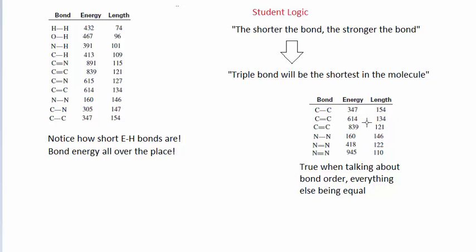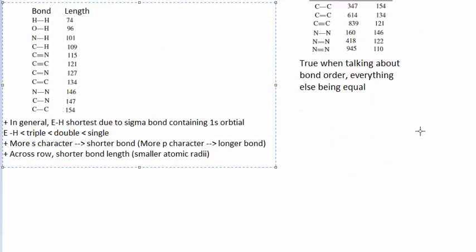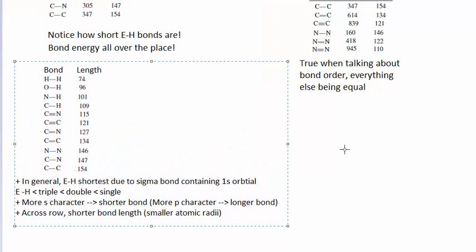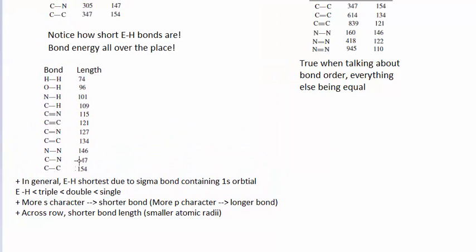So the idea here is that when you're talking about bond length, you're really talking about a few things. In general, anything bonded to hydrogen will be the shortest bond because hydrogen is small and has a 1s orbital. In general, when you're talking about other things, you'll see that it does meet your expectations, that triple bonds are generally shorter than double bonds, which are generally shorter than single bonds.